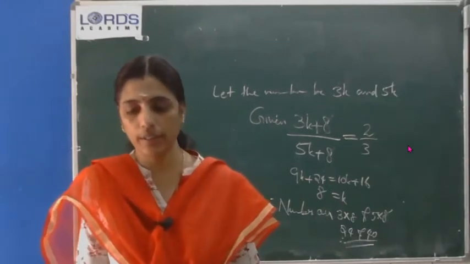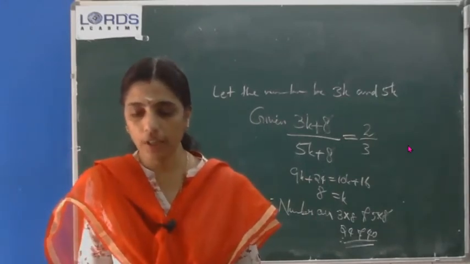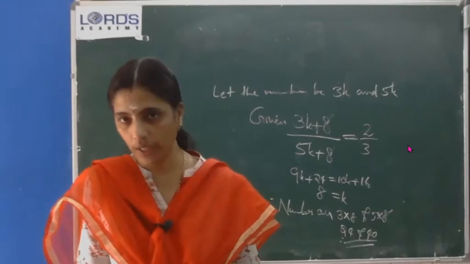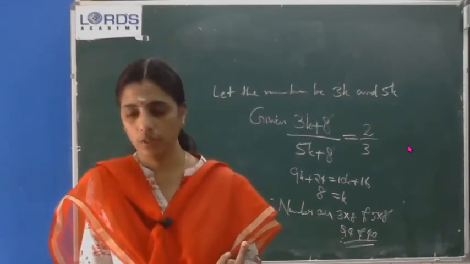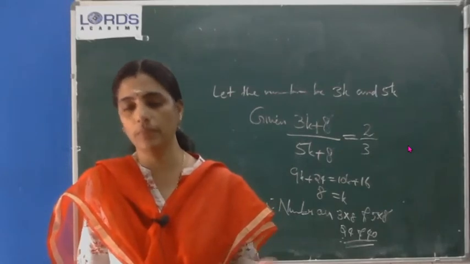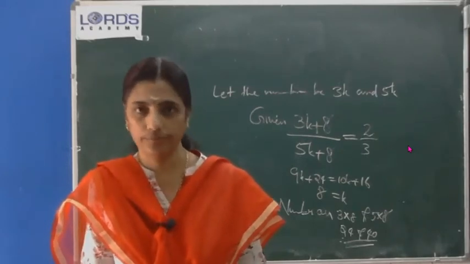What quantity must be added to each term of the ratio 8:15 so that the new ratio becomes 3:5?